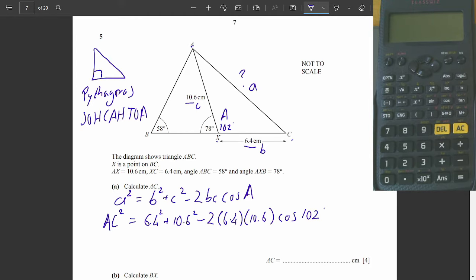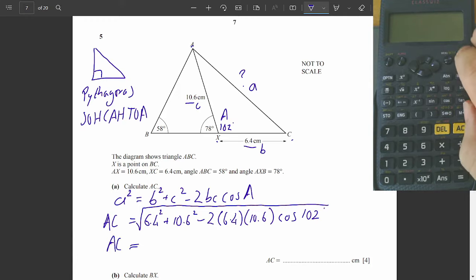Quickest, best thing to do here is type everything in your calculator straight away. That means to get off this square, we're going to have to square root everything later on. So if I can do that right from the start, it would speed things up.